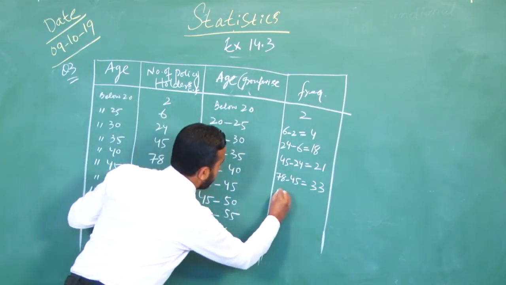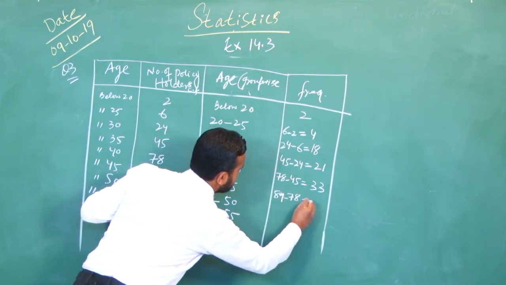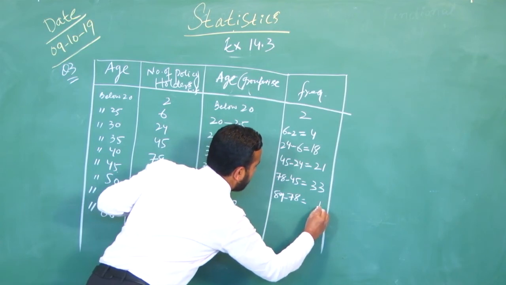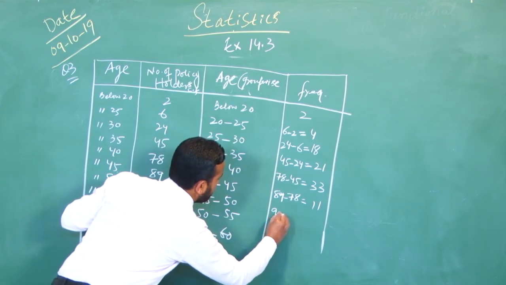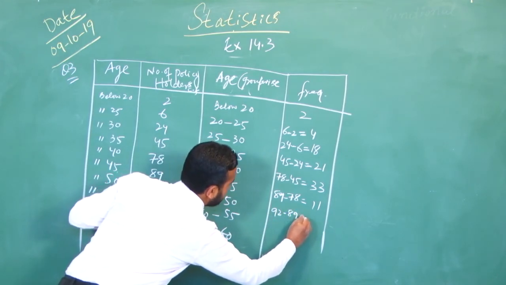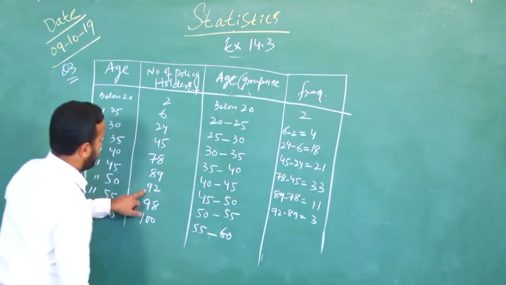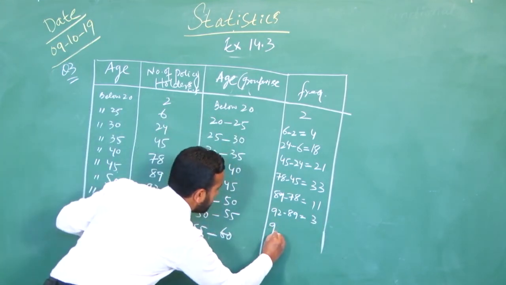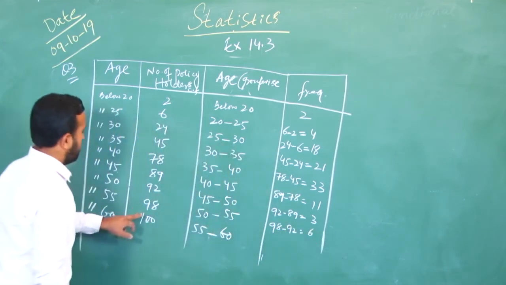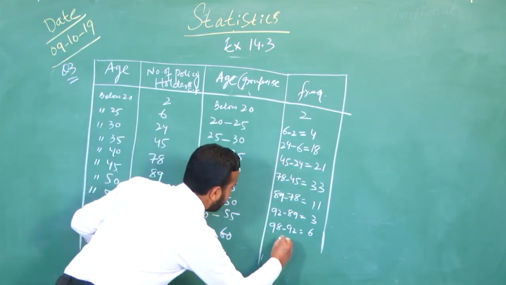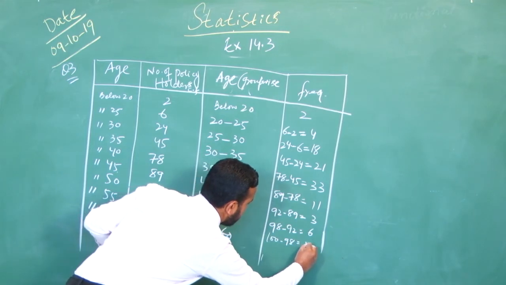Then 89 is to be subtracted from 78, so that is 11. 92 minus 89 is equal to 3. 98 minus 92 is equal to 6. And then 100 minus 98, that is 2.